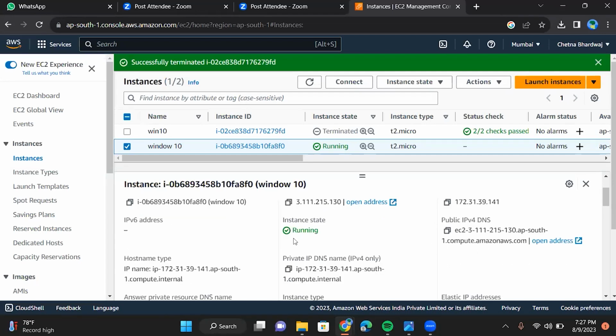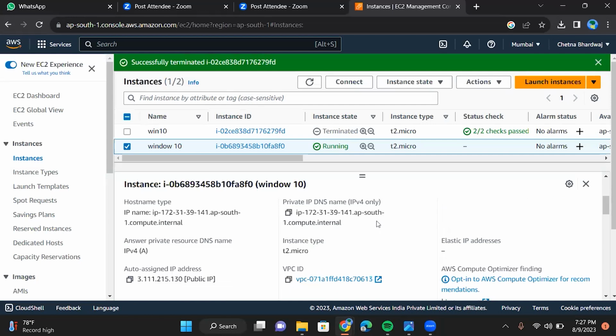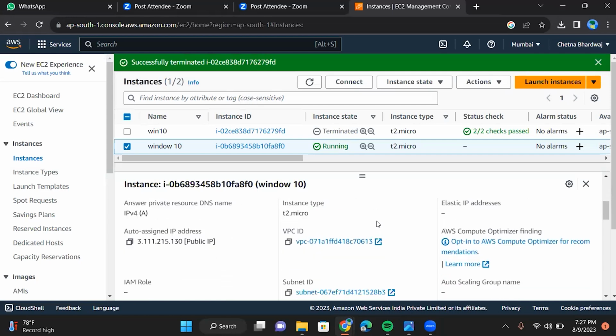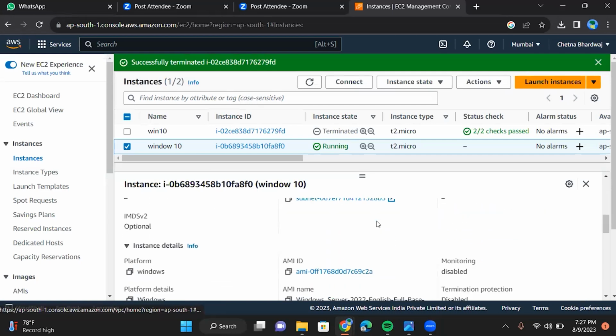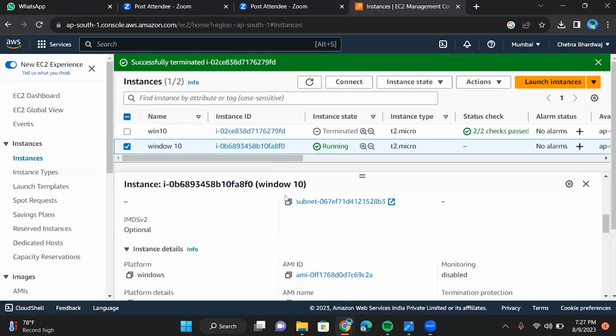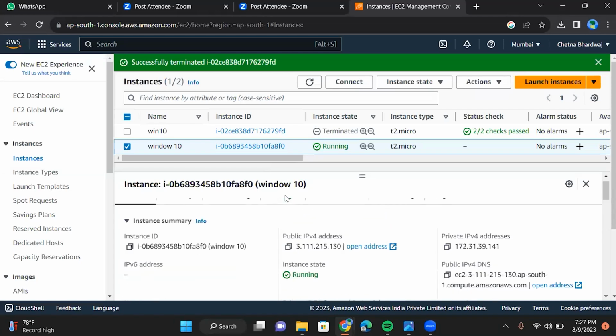This particular Windows 10 instance is in the running state. Over here you can see the public IPv4 DNS address, host name, private IP DNS address, and other important information. With time we will see each and everything.